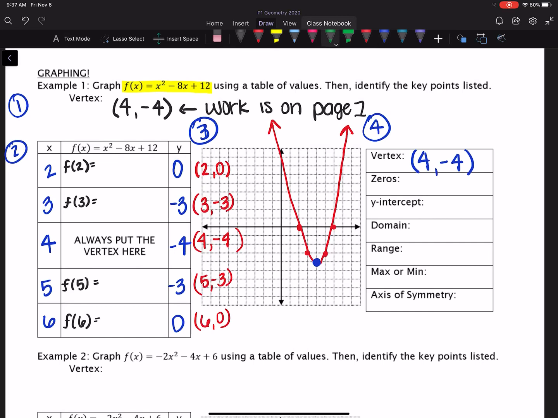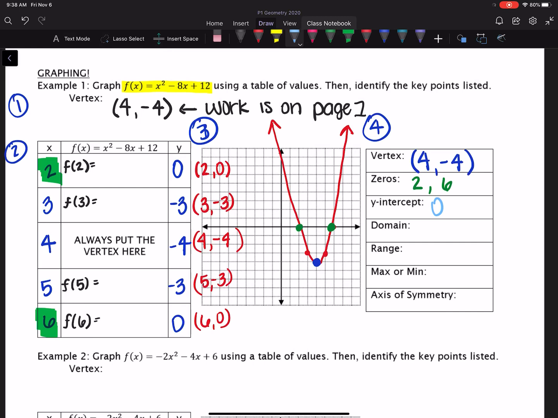If I want to identify my zeros, that's where it crosses the x-axis. I know that that's going to be at 2 and 6. We can also see it in our chart. My zeros are where my y coordinate is 0, and the x values that satisfied that were 2 and 6.